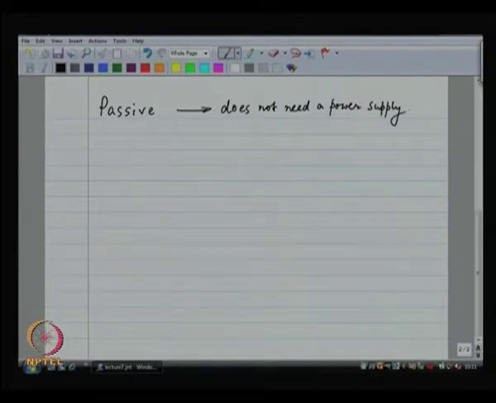Mostly these components are linear as well. Under passive components, we have resistors, capacitors, inductors, mutual inductances, even transformers.